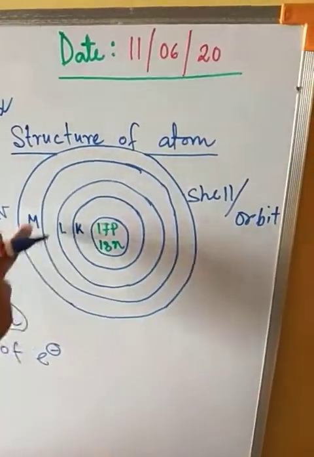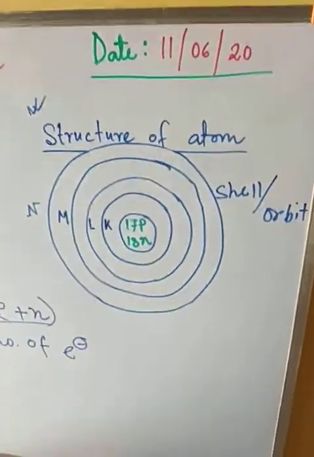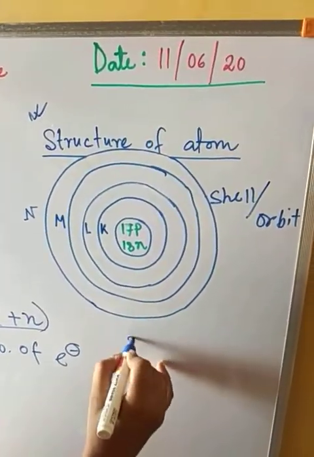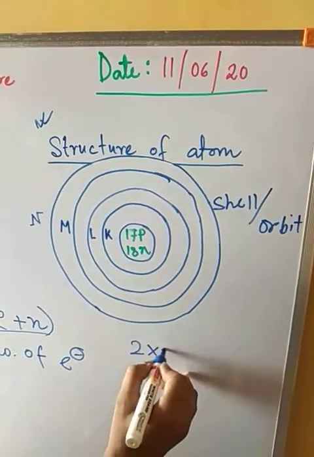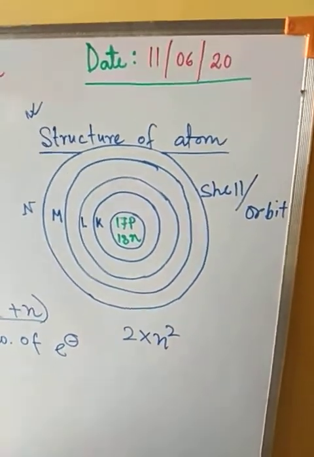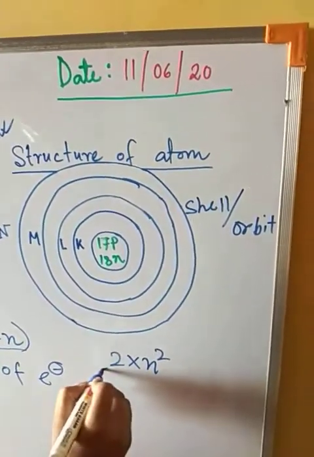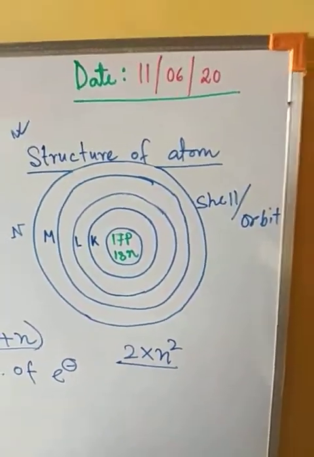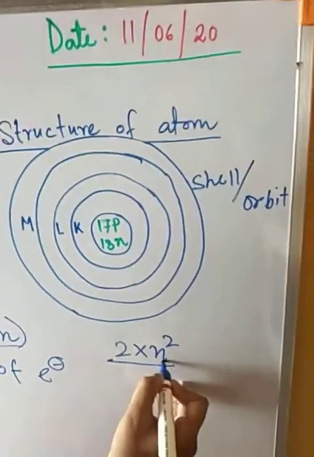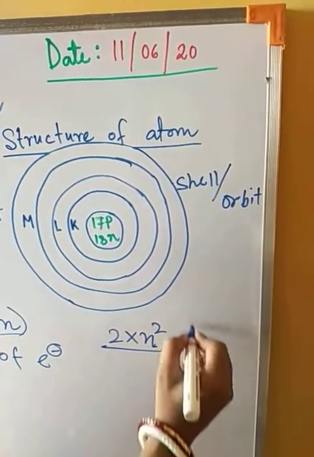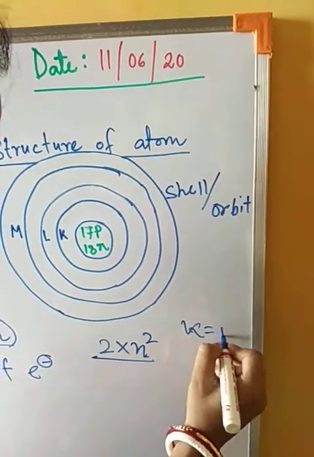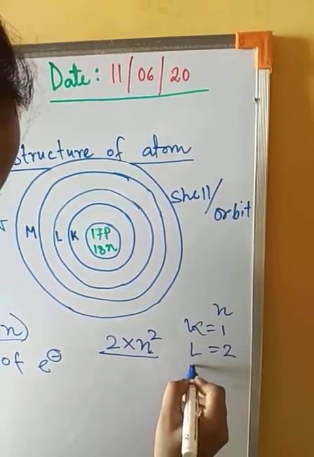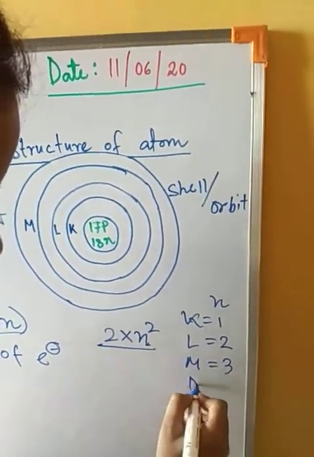Now the maximum capacities of the shells are fixed. So let us know that first. There is a rule called the Bohr-Bury rule, that is 2n square. From this formula we can find out the maximum number of electrons which can reside in each shell or orbit, where n is the number of the shell. For K shell, n is equal to 1. For L shell, n is 2. For M, this is 3. For N, this is 4.